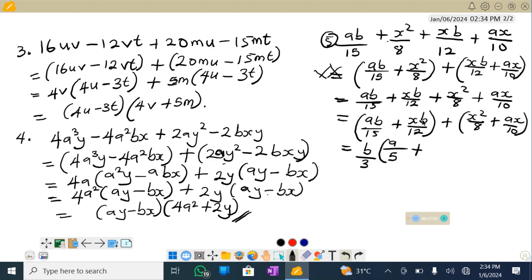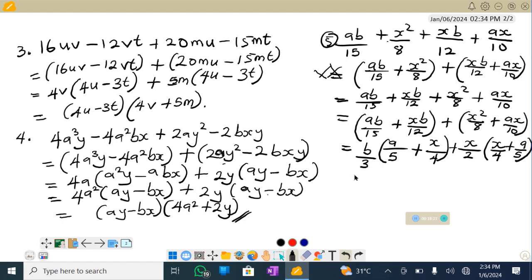Plus, this up part will have X left over. The down part will have 4 left. Plus, do the same thing here. X is common at the numerator, and at the denominator, 2 is common. So you do the same thing. You are going to have x over 4 plus a over 5.